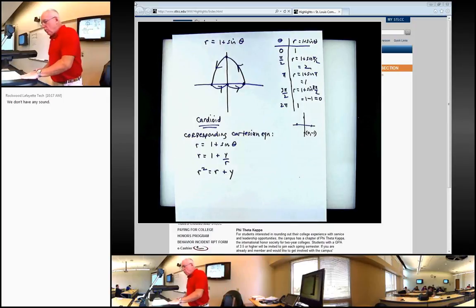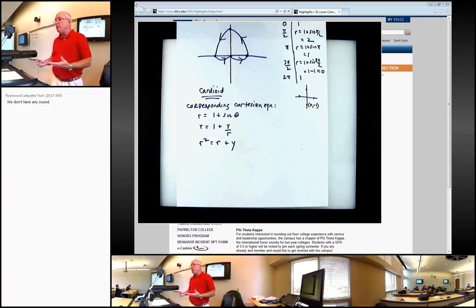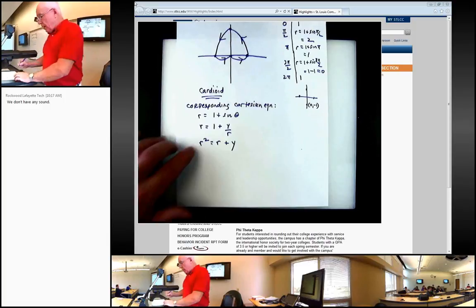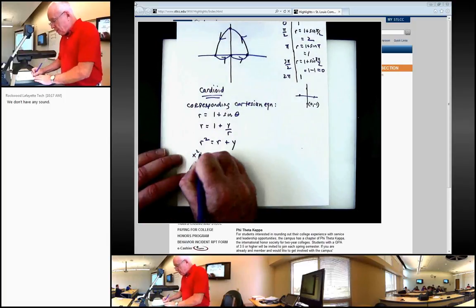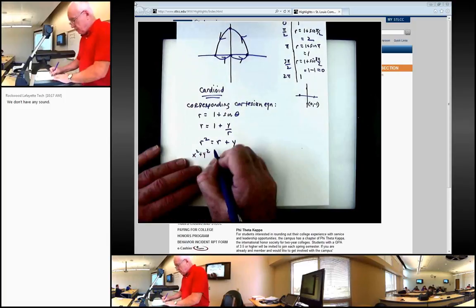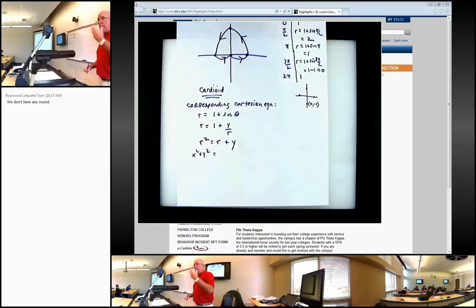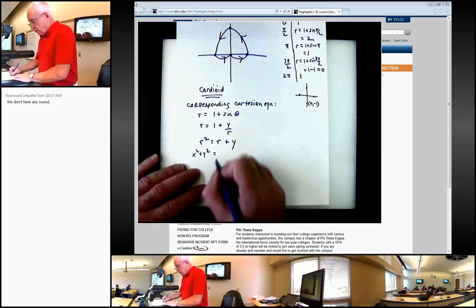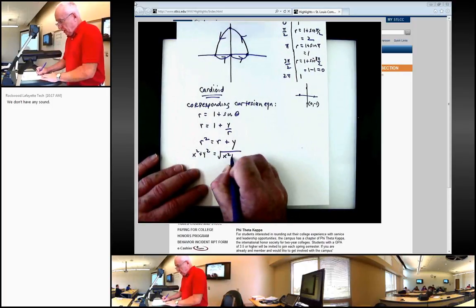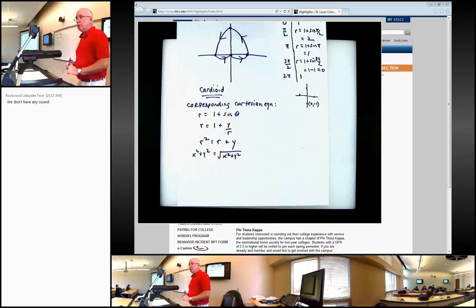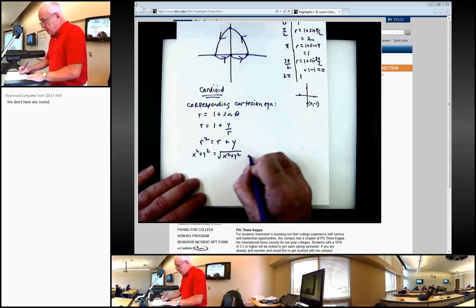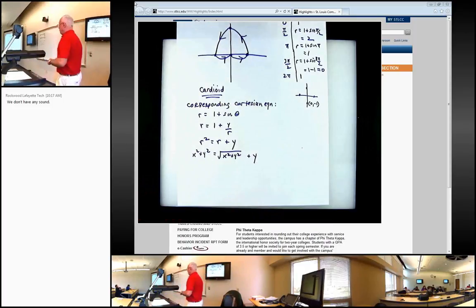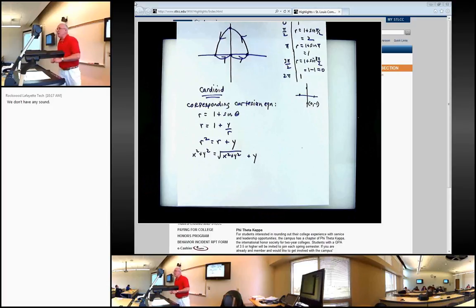And so, finally, we can use what r is equal to. Now, r squared is equal to x squared plus y squared, and r is equal to the square root of x squared plus y squared, and then plus y on the outside. So that's the kind of Cartesian equation that we would get from this.